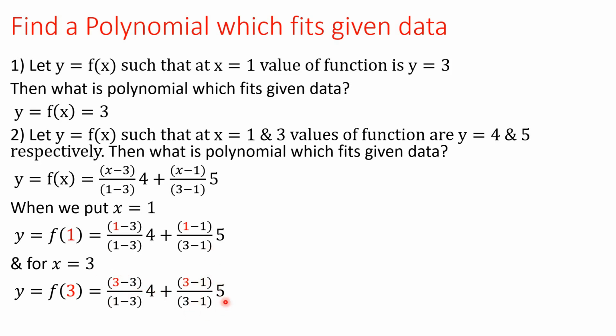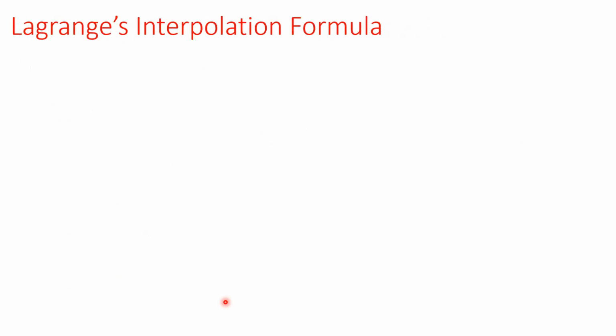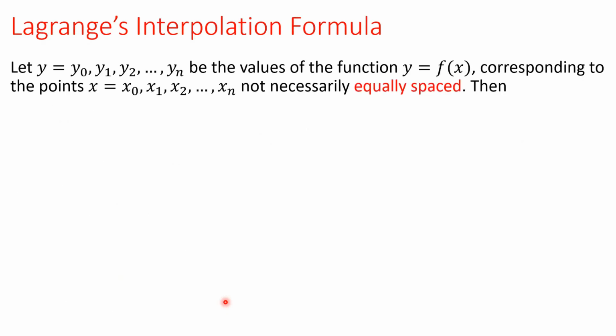So this is the technique we are going to use, and this is what Lagrange's interpolation is. So let's see, for given big data, how will you find the Lagrange's polynomial? Suppose we have these outputs: y takes values y0 to yn, for corresponding values of x which are x0 to xn.